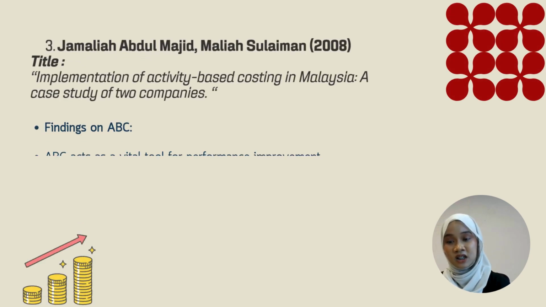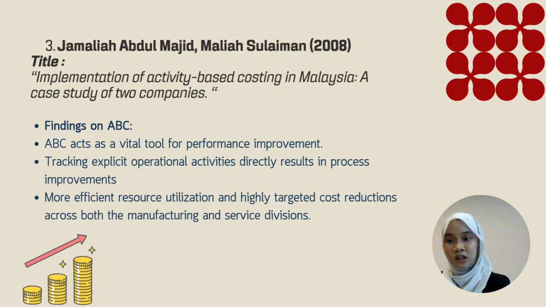And as for the last journal, which is titled Implementation of Activity-Based Costing in Malaysia, a case study of two companies. The core finding was using a comparative case study framework of a Malaysian-based multinational corporation and a large local service organization, which is telecommunications.